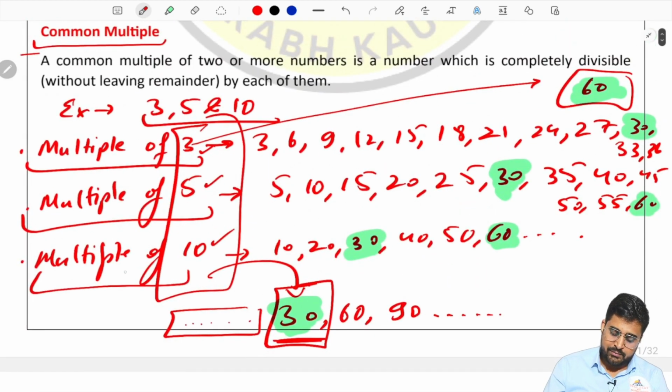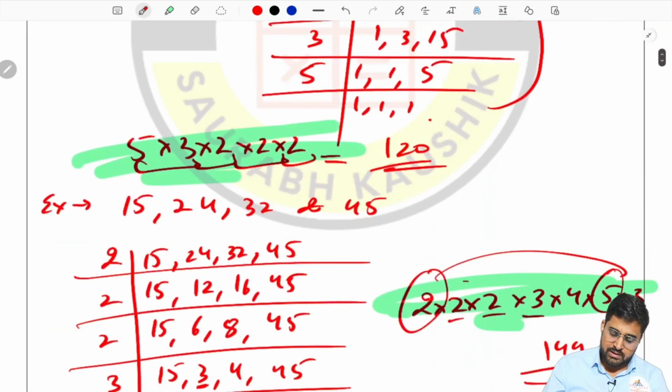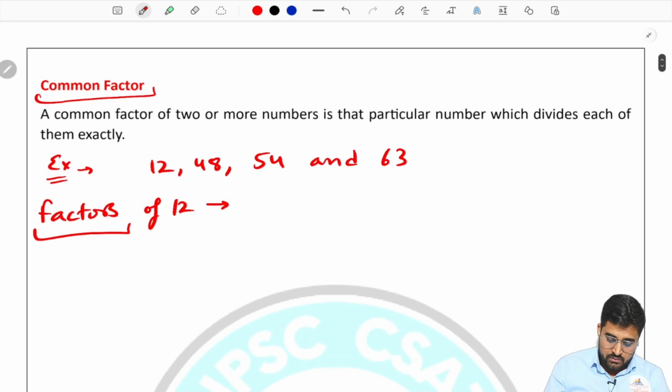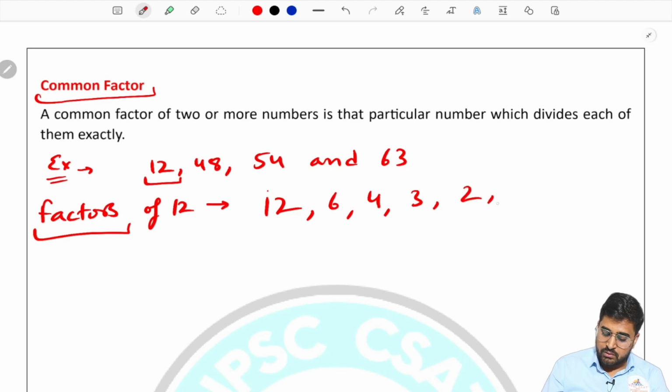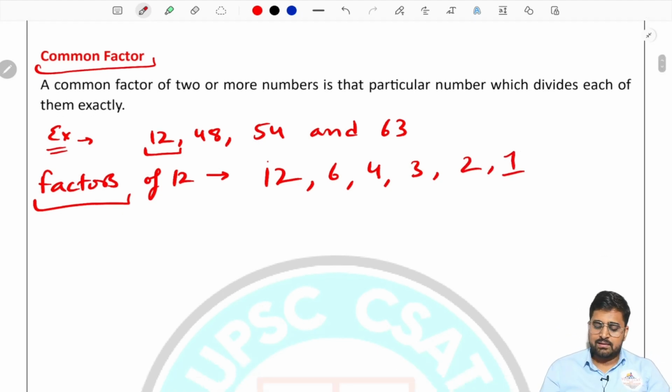Now we are focusing on the factor part. Factors of 12: the maximum we can get is the number itself. So 12 is here. Then 6 will be there. Then 4, 3 fours are 12. Then 6 twos are 12. And then 1.